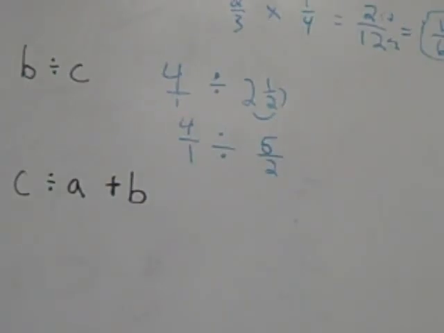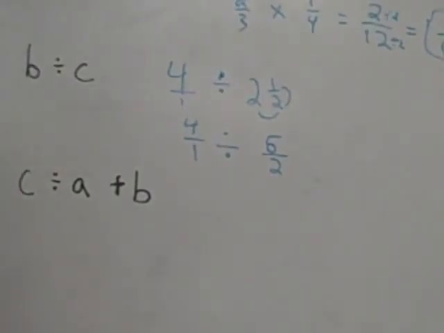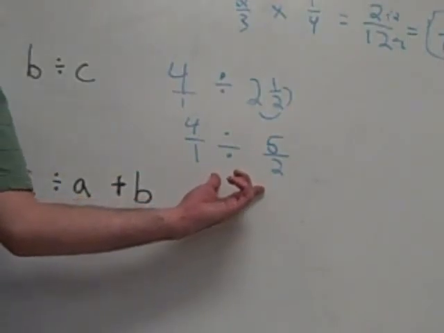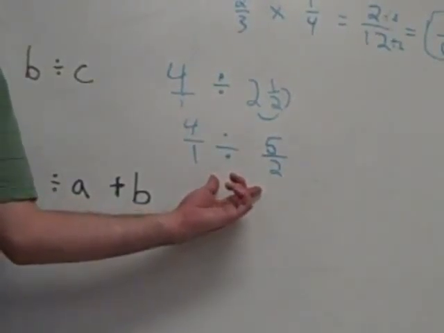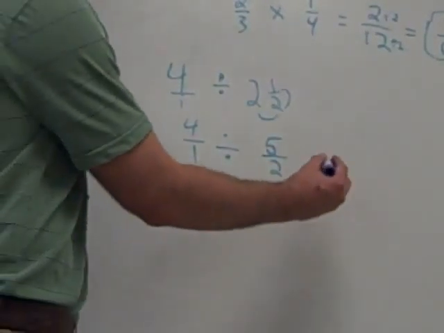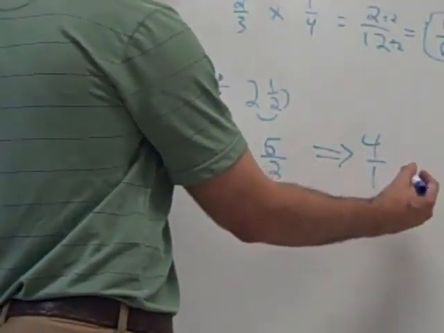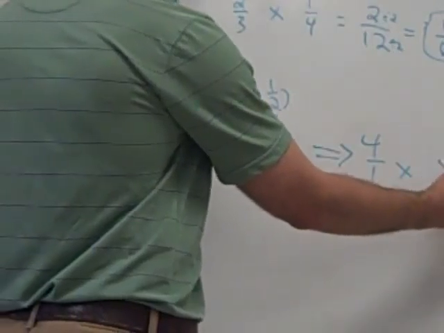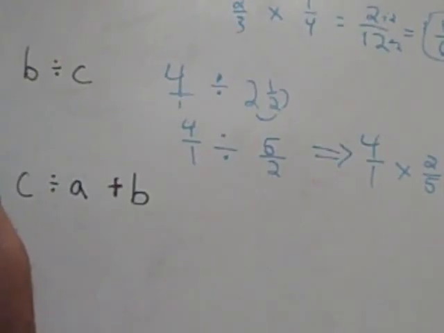Now what, Tuck? You could cross simplify 4 and 2. Can I cross simplify yet? No. Why not? Because I haven't flipped it. What do I have to do first? Keep it, switch it, flip it first. So what does this turn into? I'm going to keep it, times, switch it, 2/5. Now, can I cross simplify? No, sir. So what do I have left?